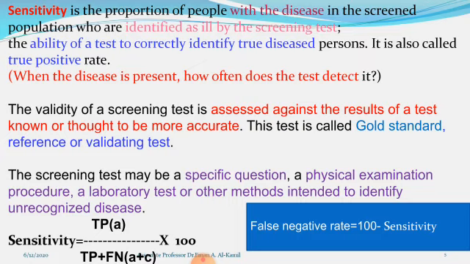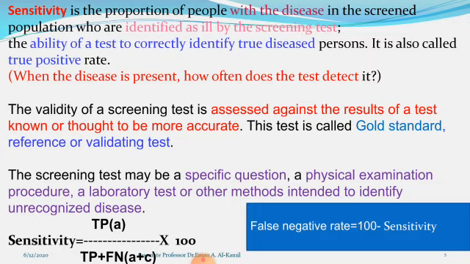Physical examination such as blood pressure, or the physical sign for anemia, or measuring the hearing assessment. So it can be a physical examination, or it can be a test. So we can measure the ability of a doctor in diagnosing hearing or vision problems among school children by physical examination.